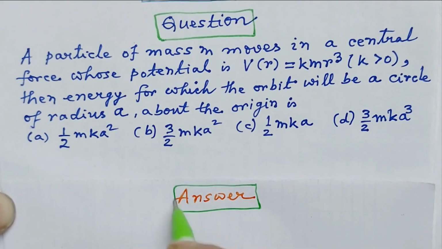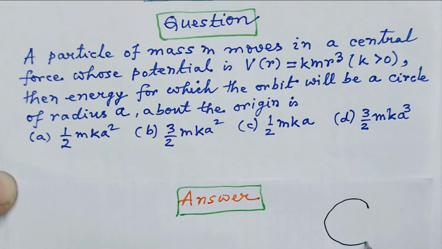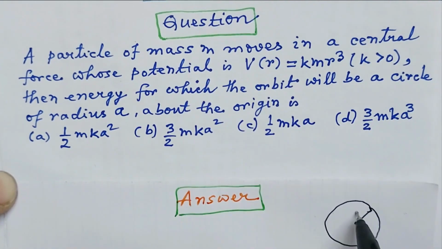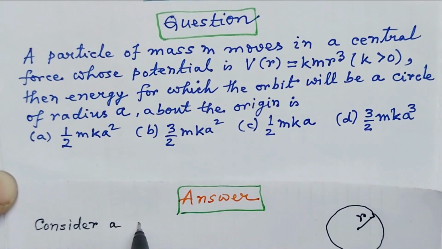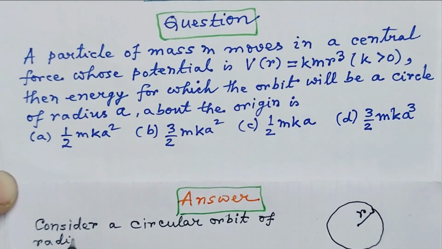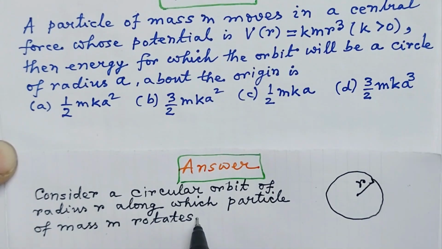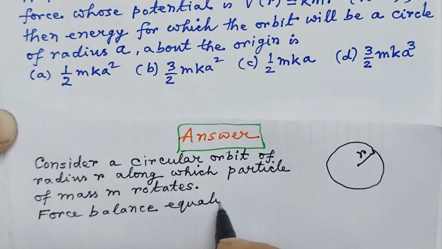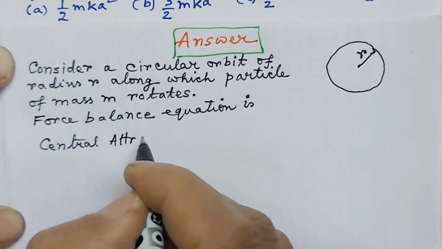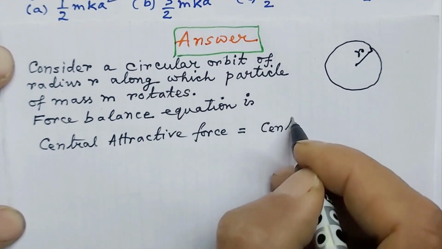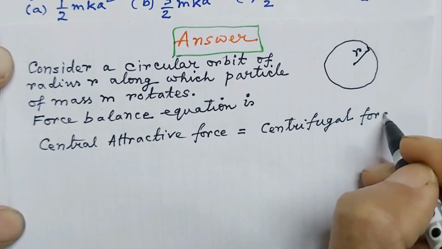The answer: consider a circular orbit of radius r along which a particle of mass m rotates. The force balance equation is: central attractive force equals centrifugal force.